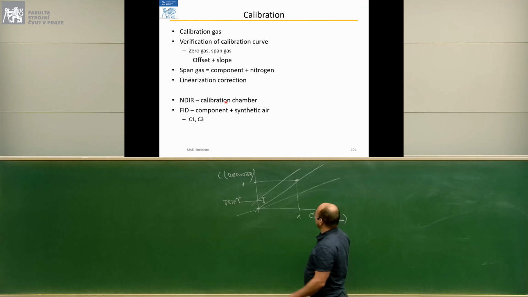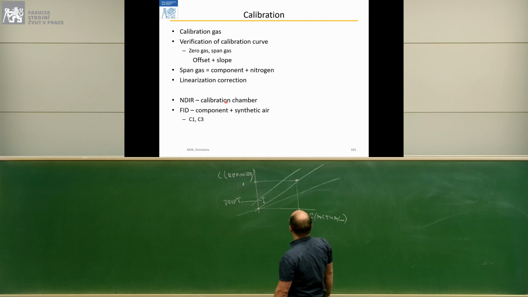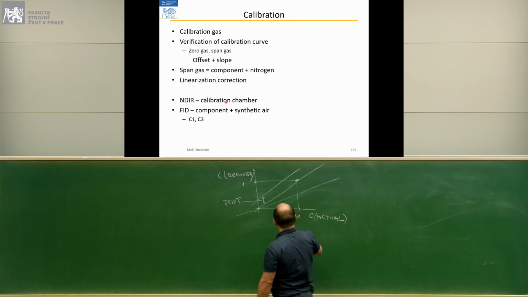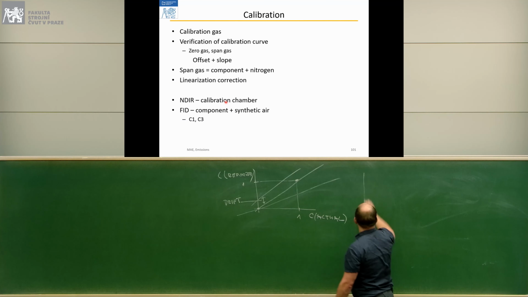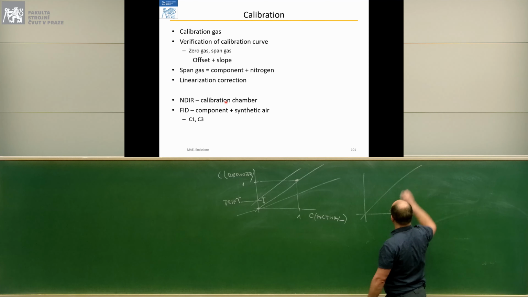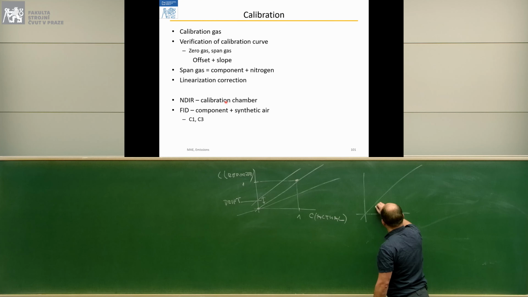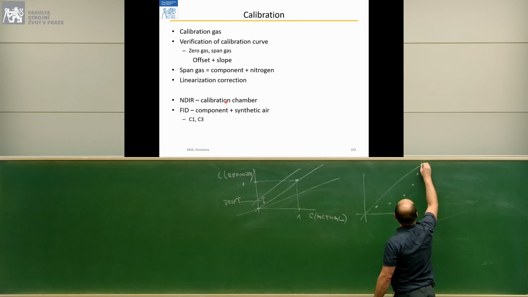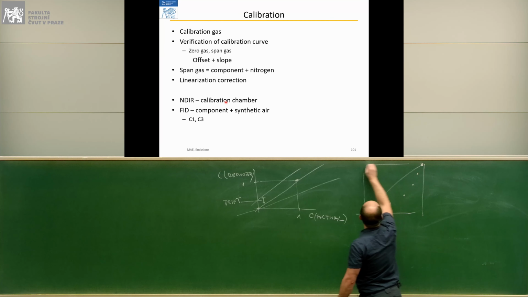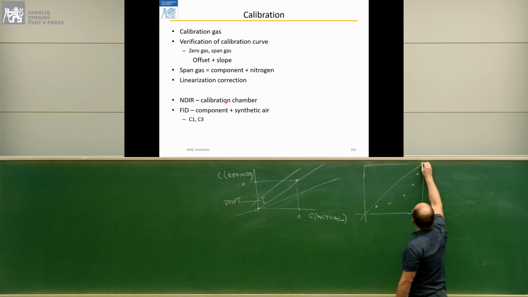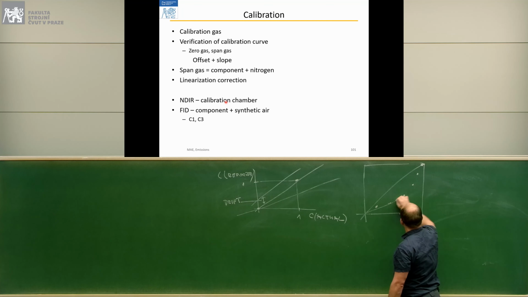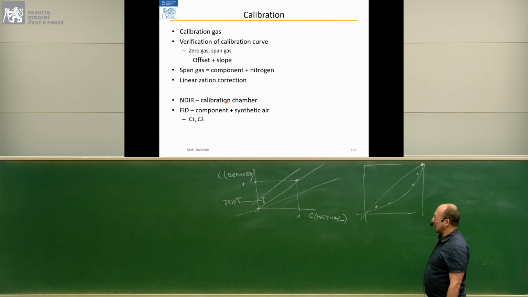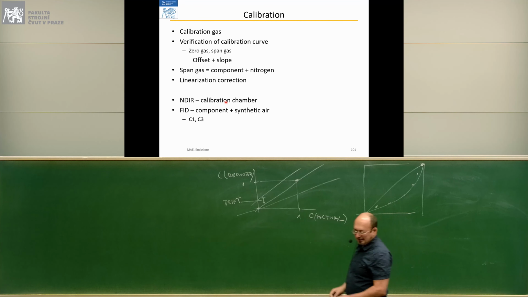And the third type is non-linearity, where instead of your response being linear, it's something like this, for example. So at the maximum range it's okay, but instead of being linear, it follows some curve. I'm exaggerating here.